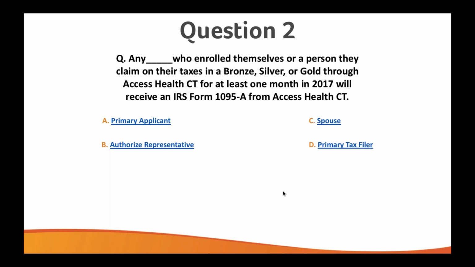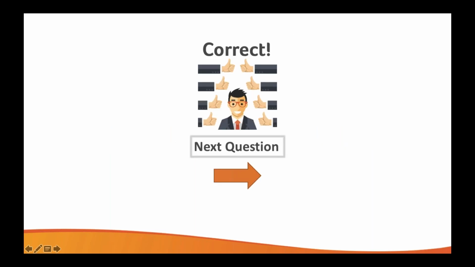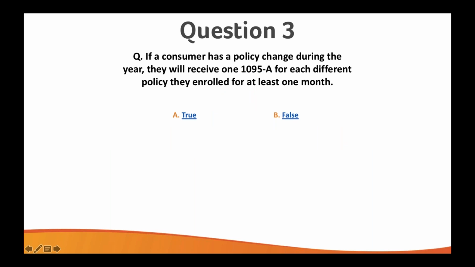Is there a tiebreaker? It looks like there's a pretty even split between A and D. I think more so D. It's definitely the primary tax filer. The application drives the primary applicant, but it's a little different story with the tax forms. It is the tax primary that drives everything on our forms.